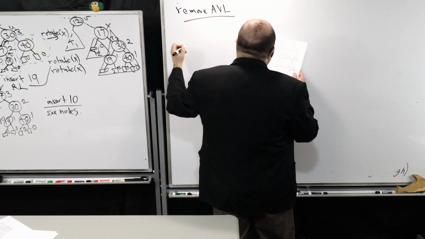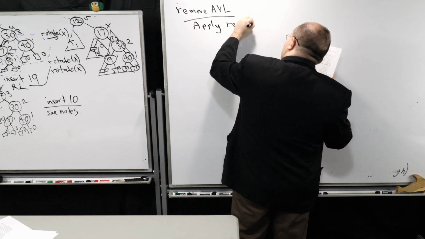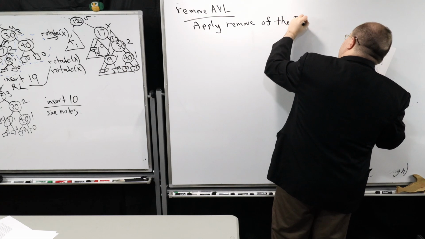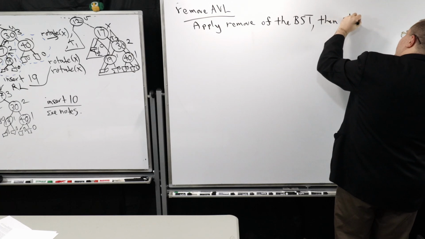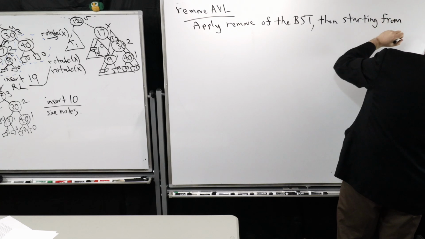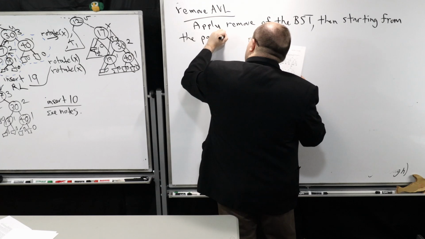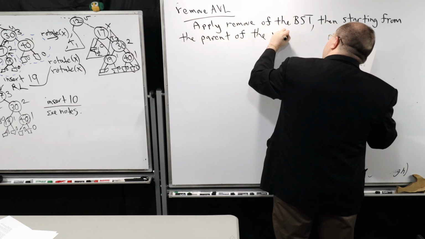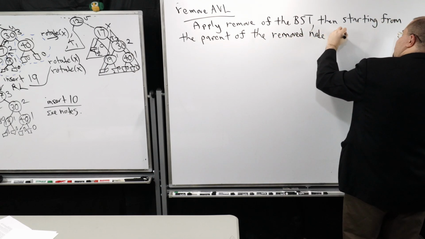So let's talk about removeAVL. First you just apply remove of the BST. So you're going to first apply the remove that we talked about the other day. Then, starting from the parent of the removed node, rebalance the tree.